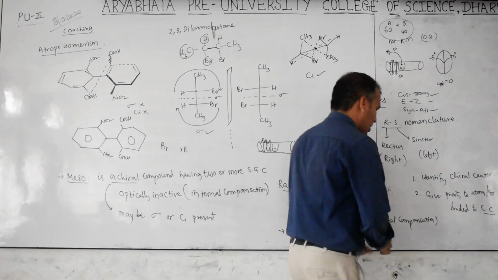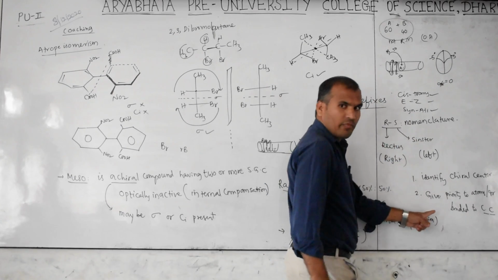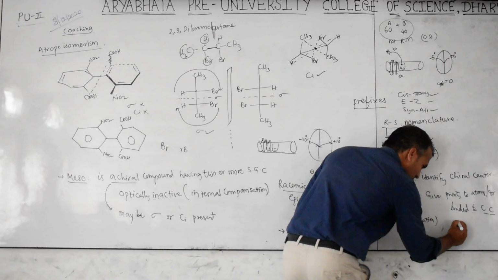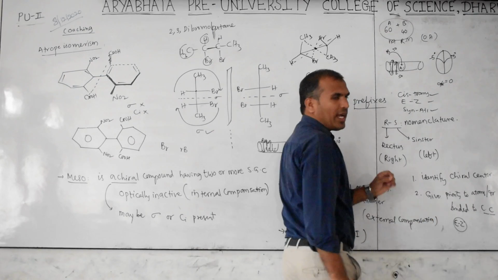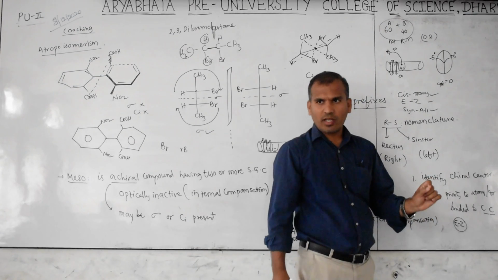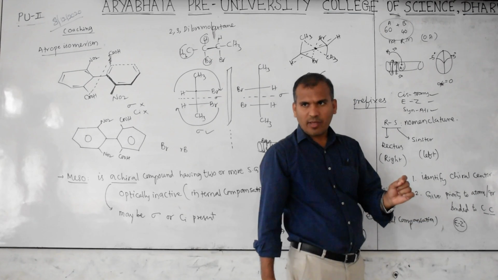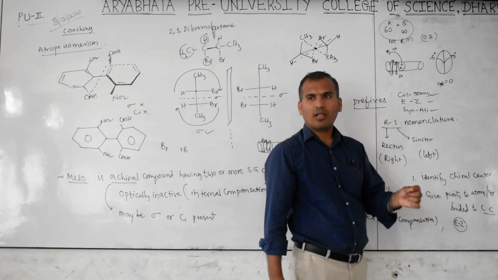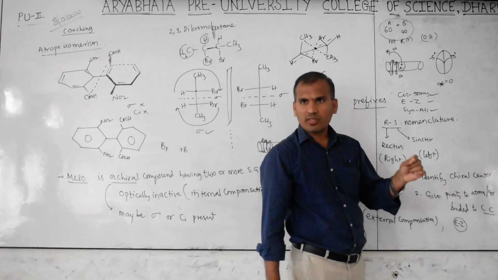Third rule: how to give the priority? Already given in the EZ nomenclature. Refer to this. Higher atomic number, first priority. Lower atomic number, next priority. If the atomic number is the same, that is called isotopes, then we follow higher atomic mass first priority, lower atomic mass next priority.